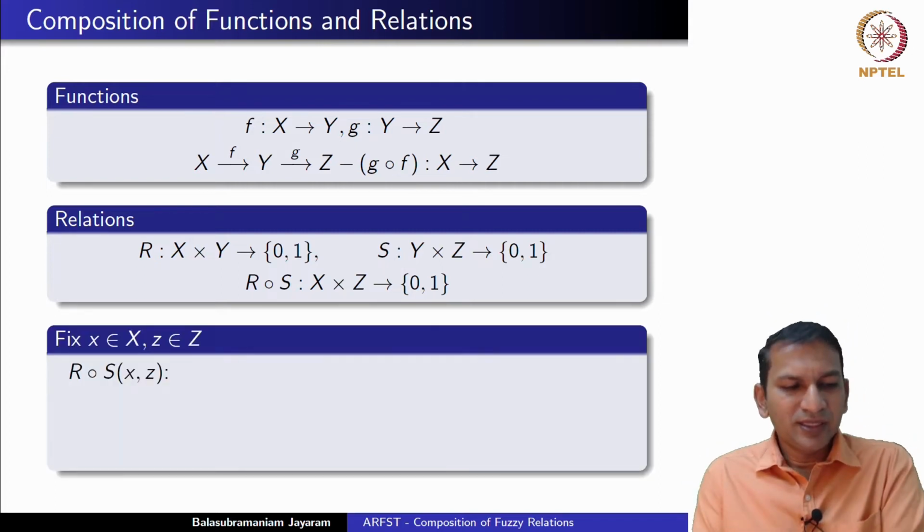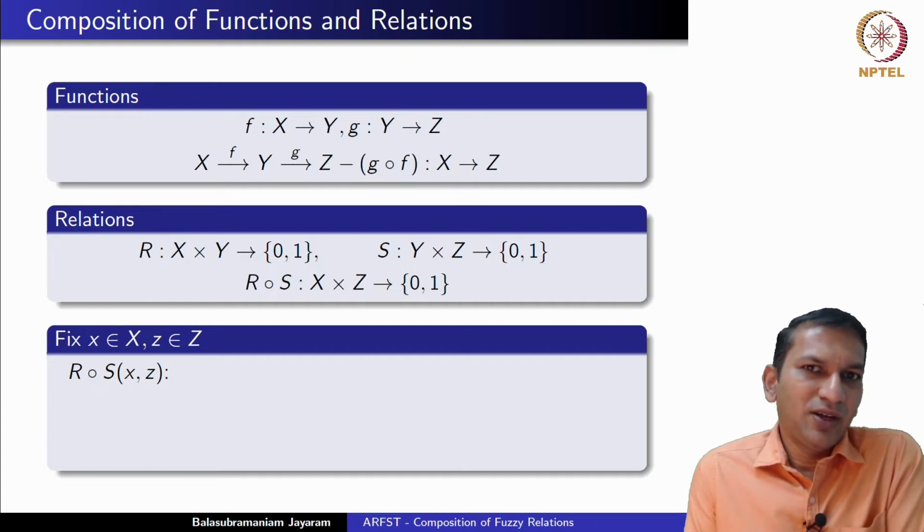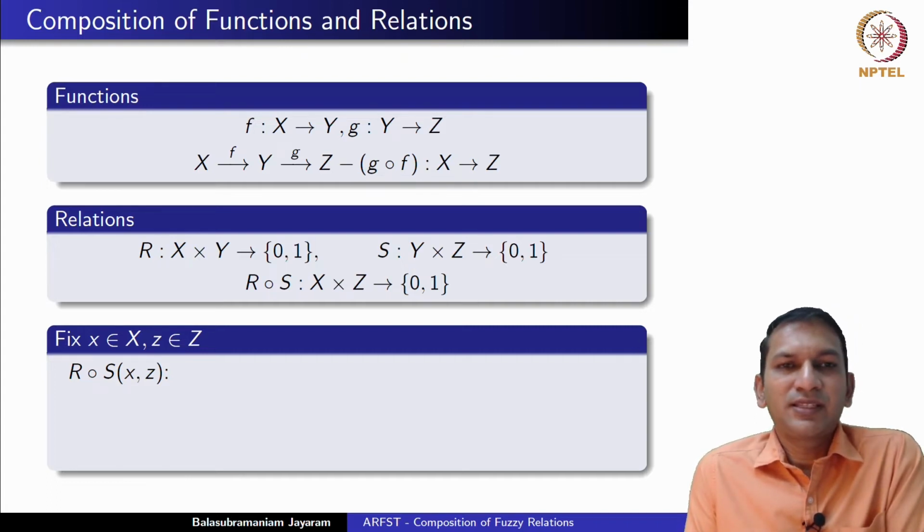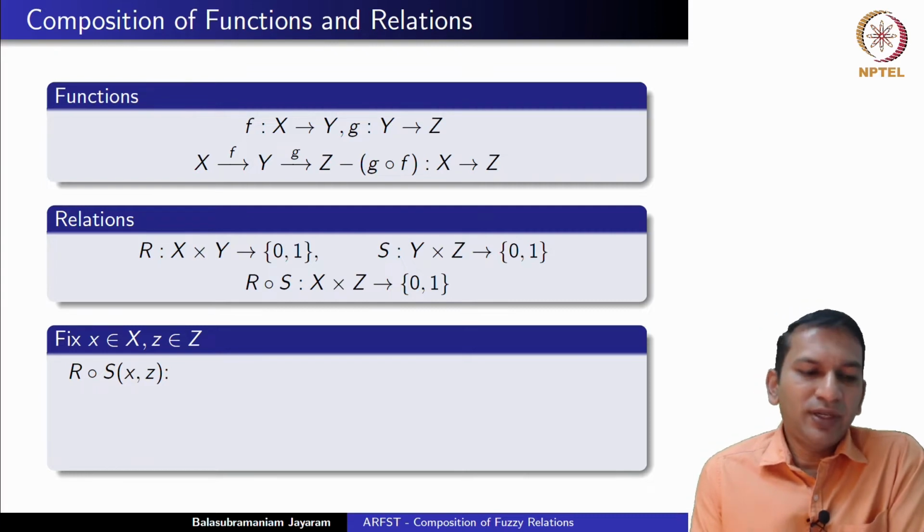Now, the question is, for a fixed x and z, what value should R circle S of (x, z) take?